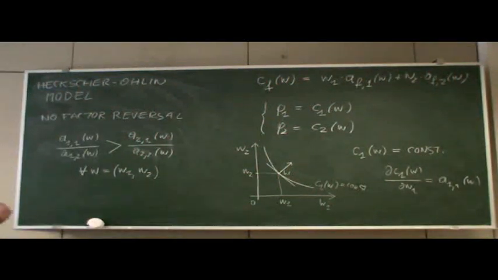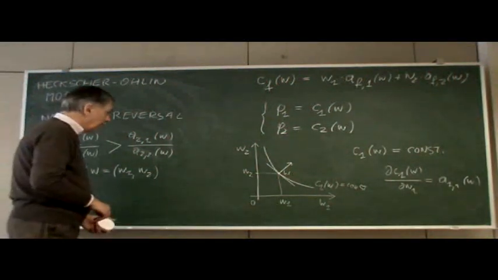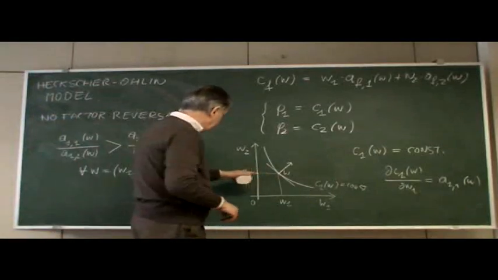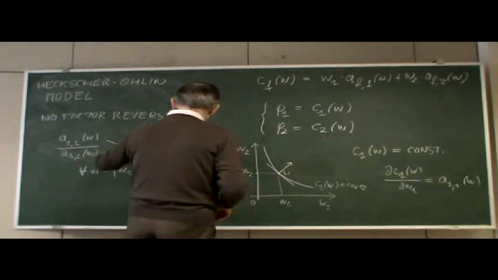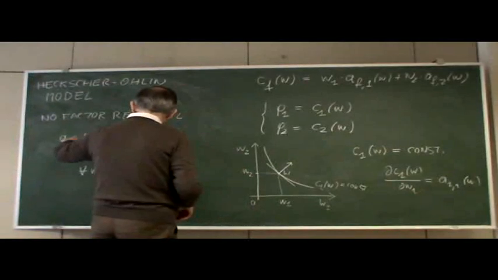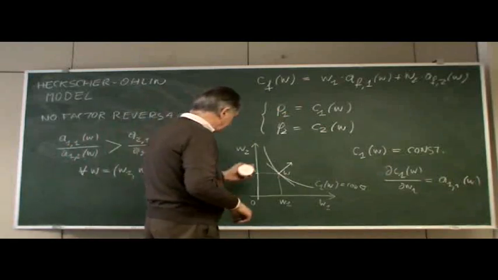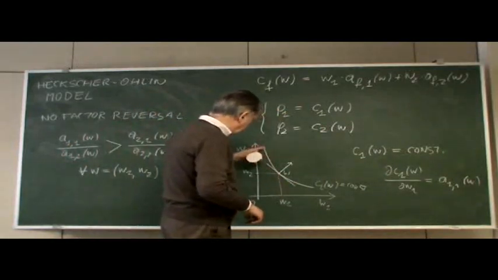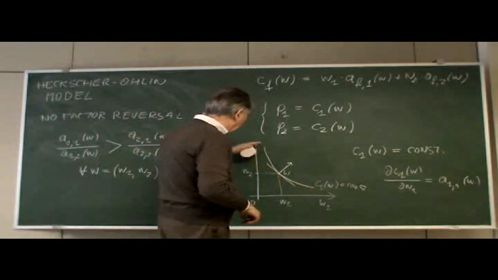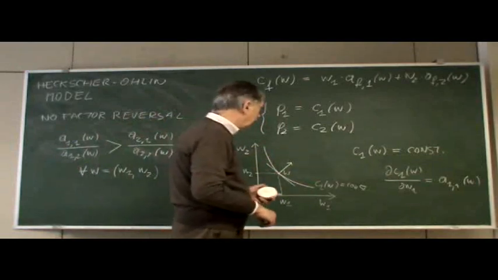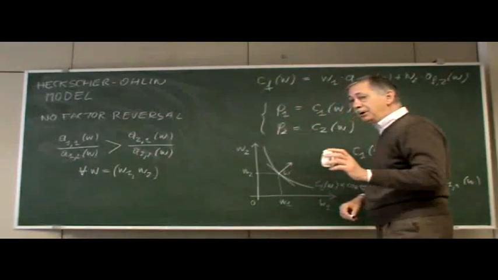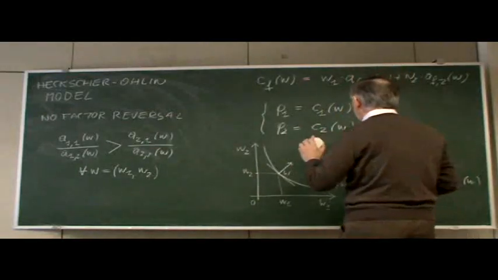Well, since the ratio of these optimal coefficients is equal to the slope of the isocost curve, we can represent the situation of equilibrium in the following way.